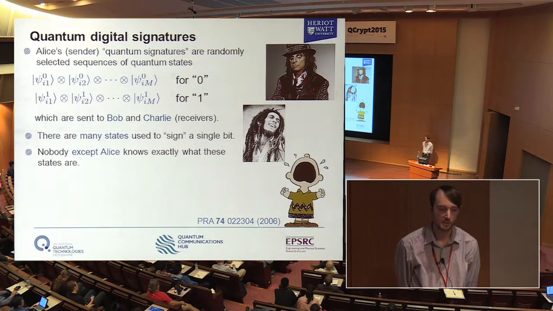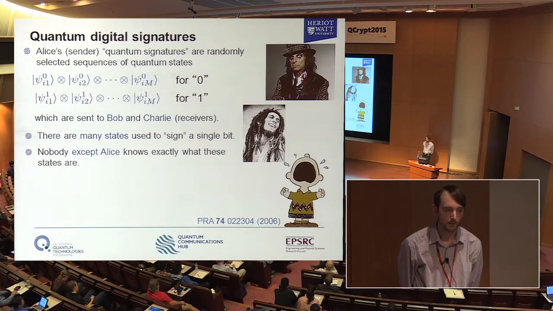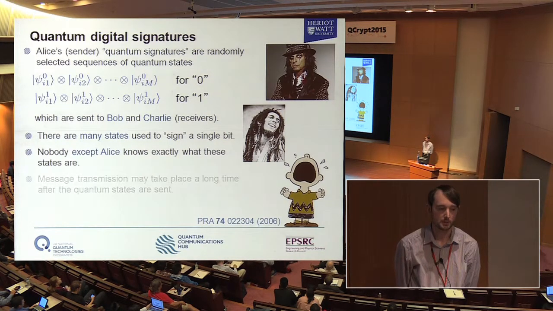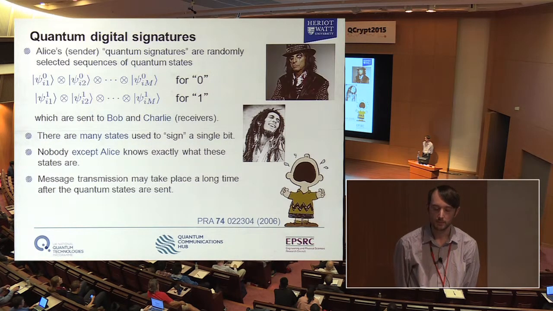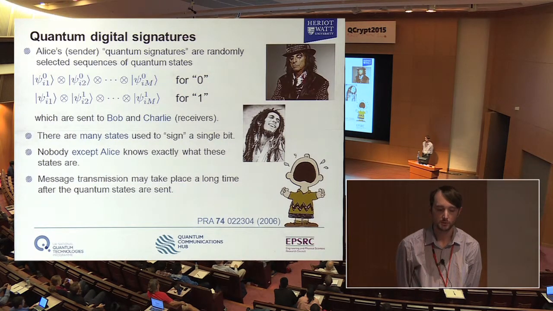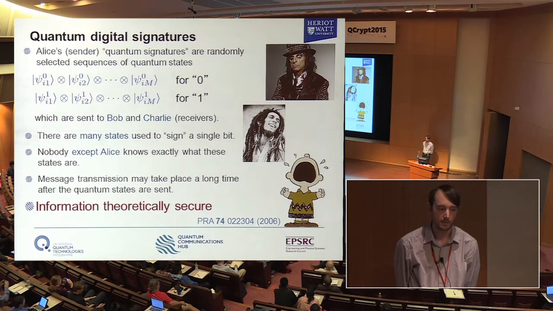In our case, Alice has to know what they are, but they're not known to anybody else until she reveals some classical information later. And that classical information is revealed at the message transfer stage, which may take place a long time after the coherent states have been transmitted. And this is information theoretically secure.